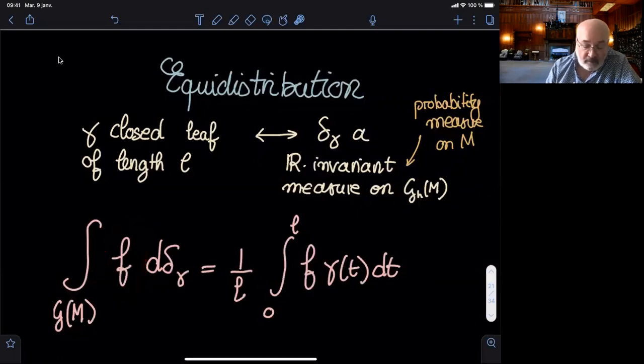The integral of f with respect to delta gamma is just the integral of f on the closed leaf itself. So if you see gamma as a map from R into M, you see gamma here as a map from R into G of M itself.